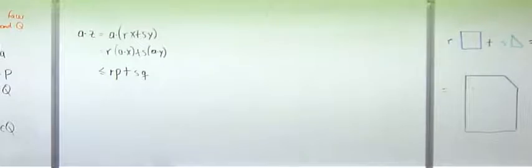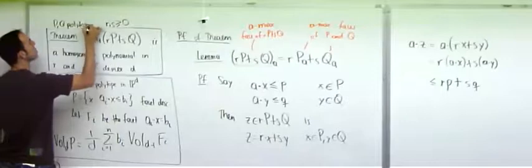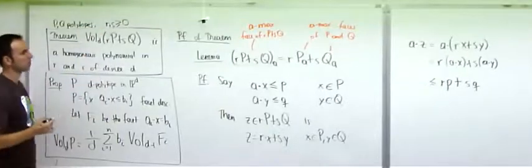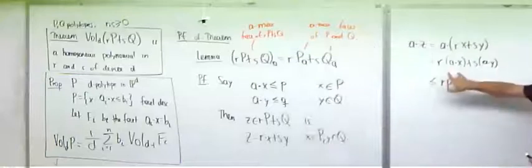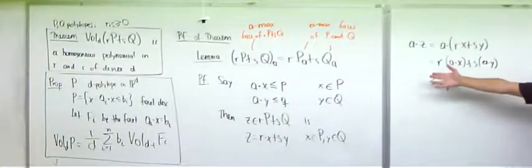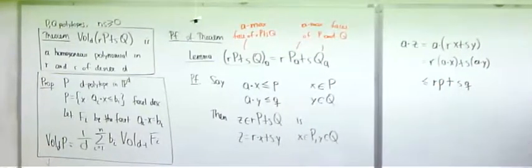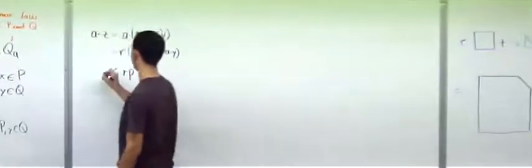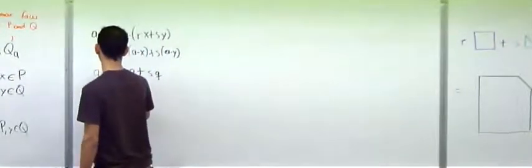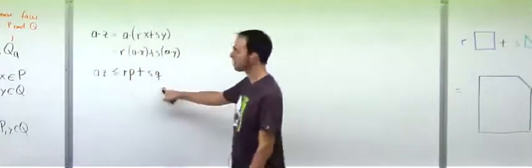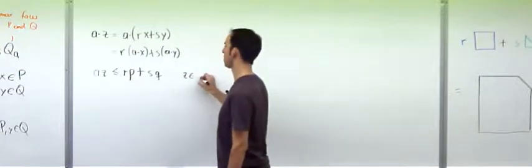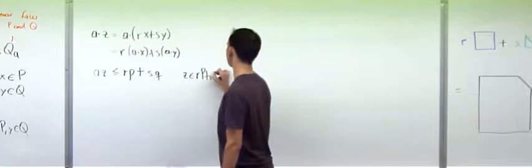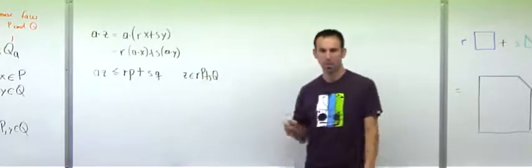So P and Q are polytopes, and r and s are greater than or equal to 0. And that's what allows me to do this step, because we're multiplying by r and by s, but those are positive numbers. So a dot z is less than or equal to this for z in my polytope rP plus sQ.